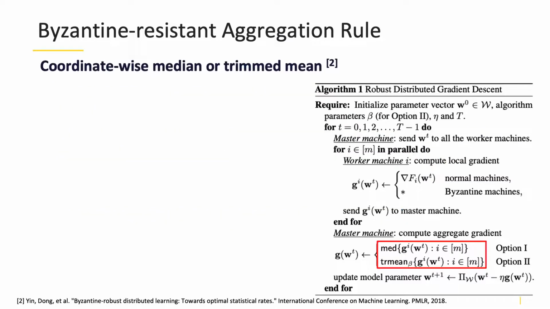The second example of a Byzantine-resilient aggregation method is coordinate-wise median, or coordinate-wise trimmed mean. The overall algorithm is shown here. There is no change on the local client side, but on the server side, it performs coordinate-wise median or trimmed mean to update the global model.